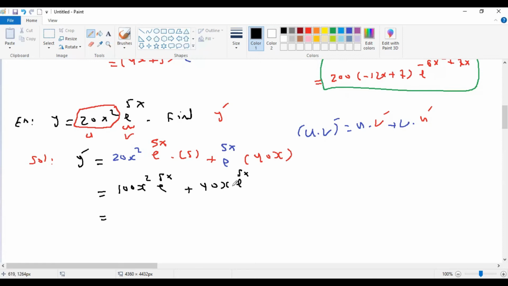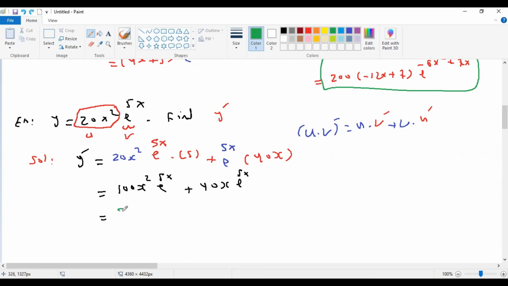See, there is a common factor. I can take e as a common factor. I can take x as a common factor. I can take 4 as a common factor. So we can take the common factor 20.